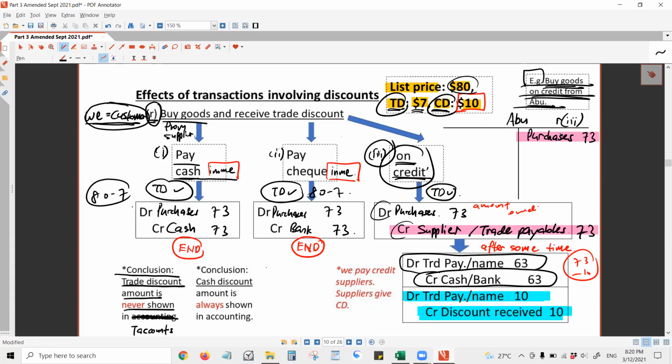After some time, we have to pay the supplier. Assuming that we got the cash discount, we pay only 63, right? So I'm going to record this.